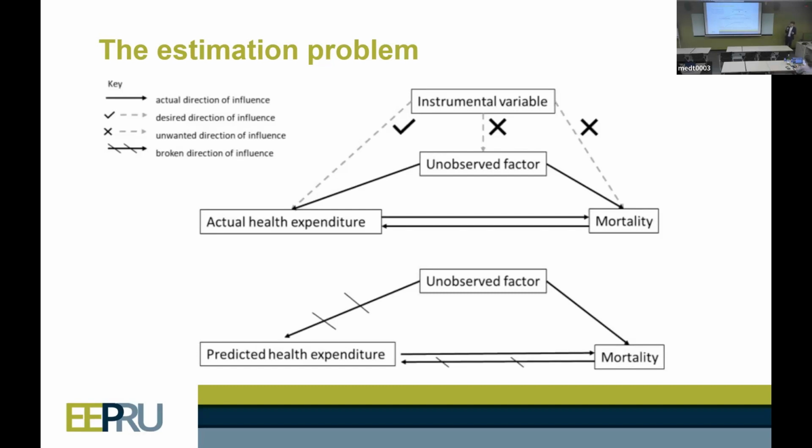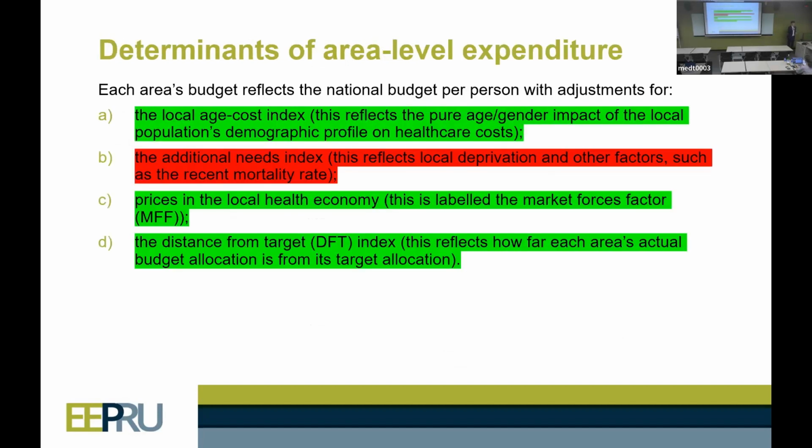So we need an instrumental variable to be able to do that, an instrumental variable that predicts actual expenditure but isn't related to mortality and isn't related to this unobserved factor directly. If we go back to the 4 factors, we actually use 3 of these 4 as candidate instrumental variables.